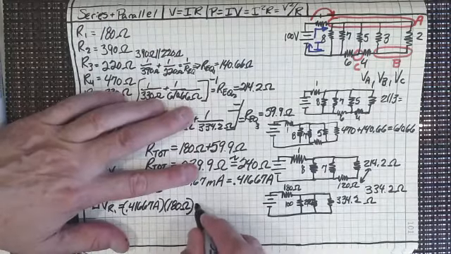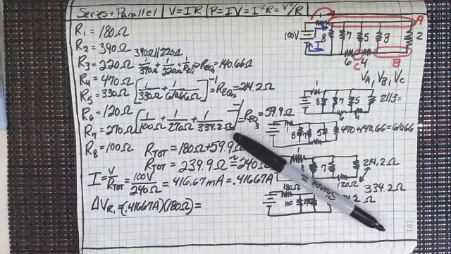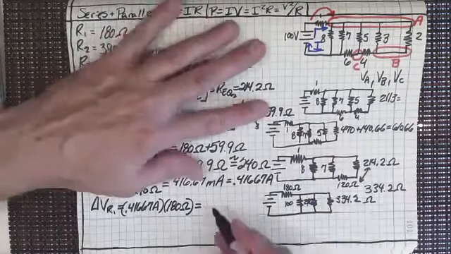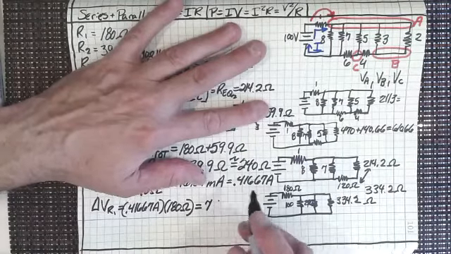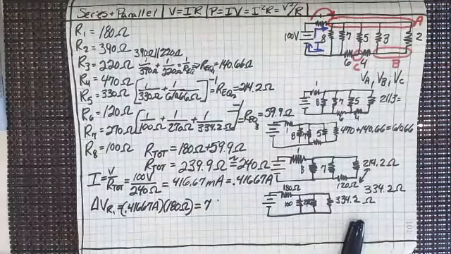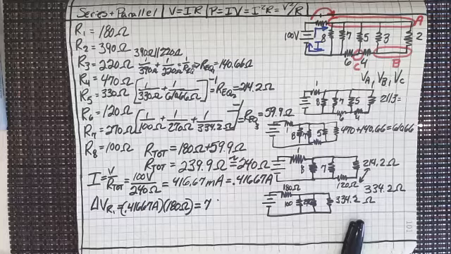So this is telling us what the voltage drop is, remember. It's not telling us what the voltage is, it's telling us what the voltage drop is. So times 180 gives me 75. Wait, what? 75 volts?